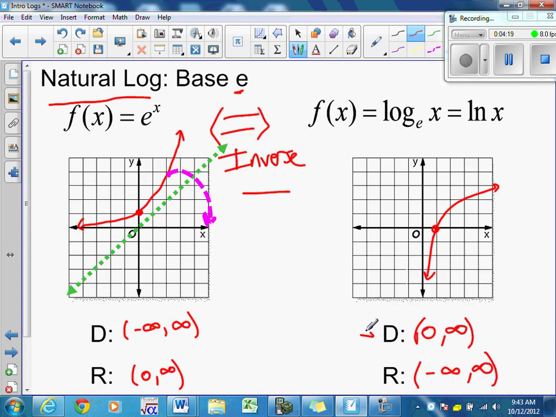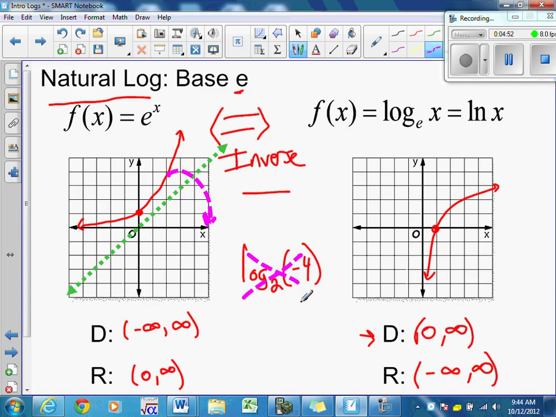Now, think about this domain when you looked at the numbers that go in the box in the first logarithm. You can't take the log of a negative number. If I take log base 2 of negative 4, there's no way to raise 2 to a power and get a negative.